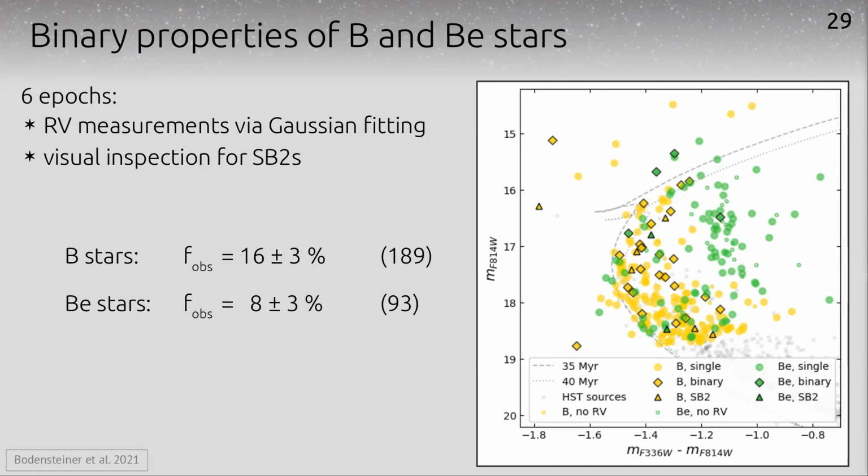But we can look at the timescales on which we observe these binary systems. We've probed different timescales because we have observations with 1 night in between, 10 nights in between, a year in between, and we can see on which timescales we see variability in the different kinds of systems. We're currently looking into that, and it seems that the BE stars are actually on these longer timescales, which would be interesting. So that's one of the things we definitely want to do.